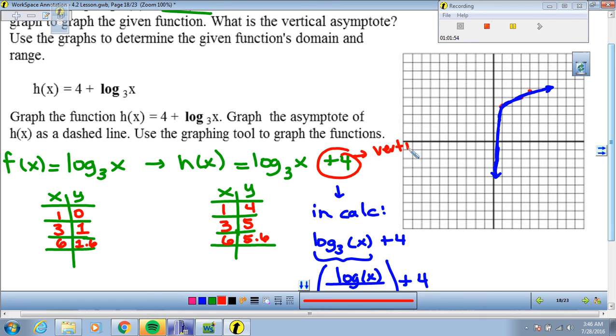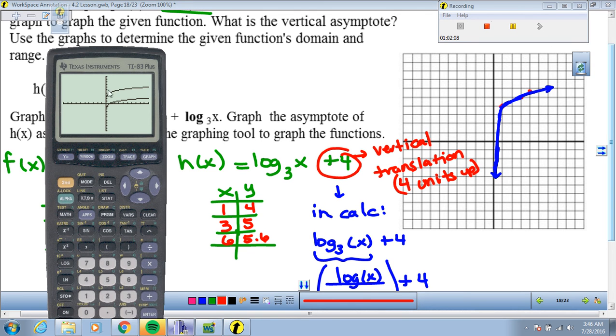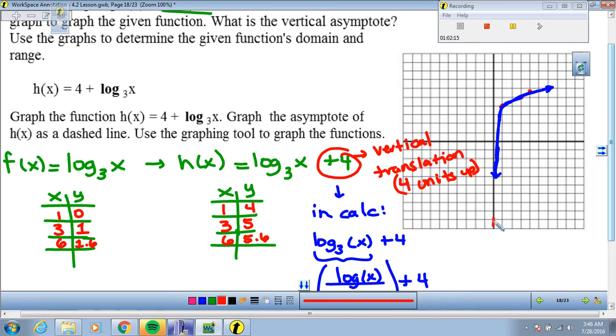It was a vertical translation or shifting 4 units up. So it makes sense that whatever the vertical asymptote for the original was, which if you see the original, here is your vertical asymptote at the y-axis, the same vertical asymptote for this one, because you're not really moving it to the side. You just moved up 4 units. So vertical asymptote is still x equals 0.